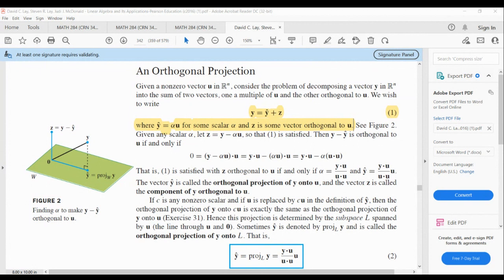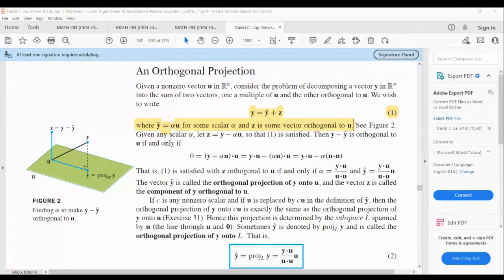You have a subspace W, and that's the green subspace there. And then you have this vector y that is not in the subspace, clearly, because look at the vector y, it's outside the subspace.